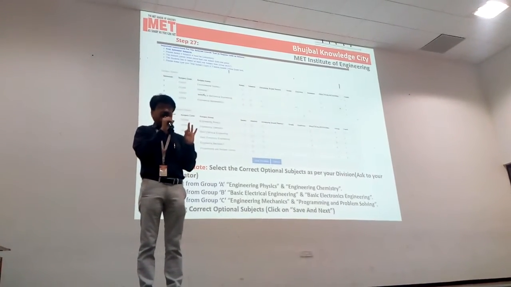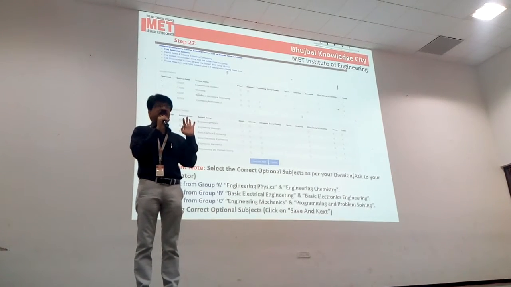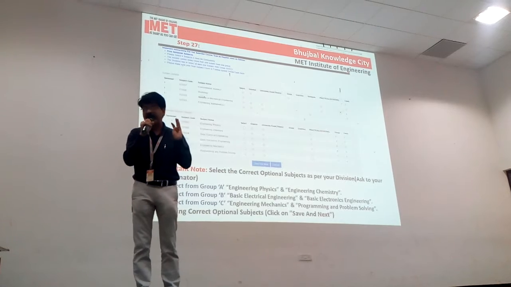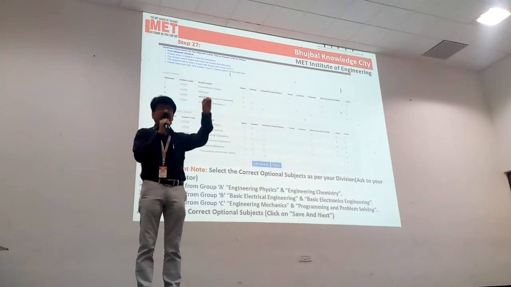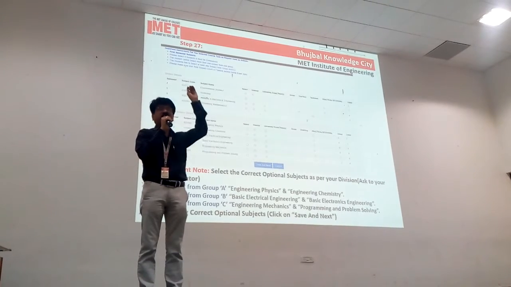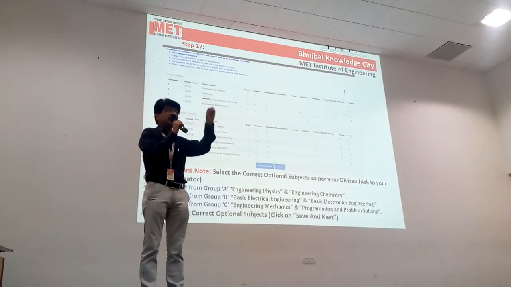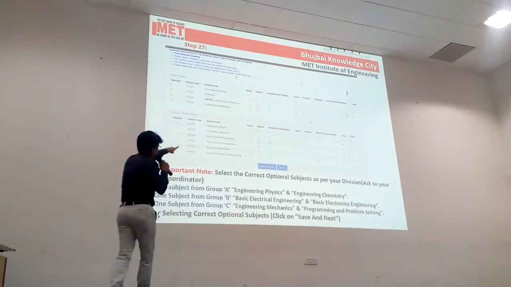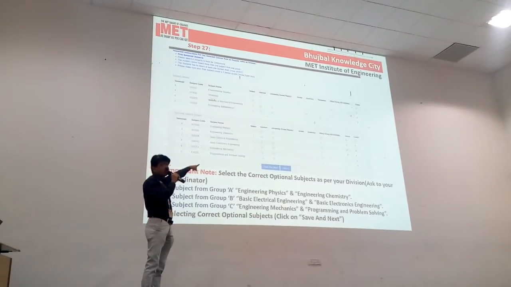And for E, F, G, H, I, it is chemistry, basic electronics and engineering mechanics. But you have to ask your concerned class coordinator, or your class coordinator will give these details on your WhatsApp group. Accordingly, you have to select those checkboxes of the groups.